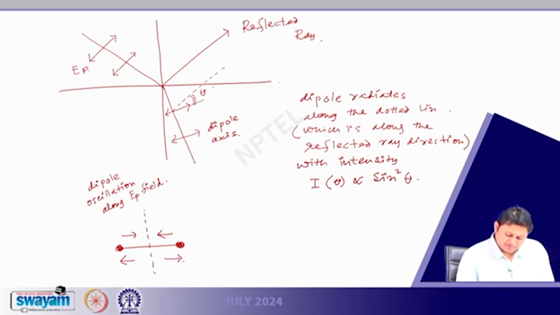Along this dotted line it has maximum intensity, and this intensity reduces along the direction of the dipole.